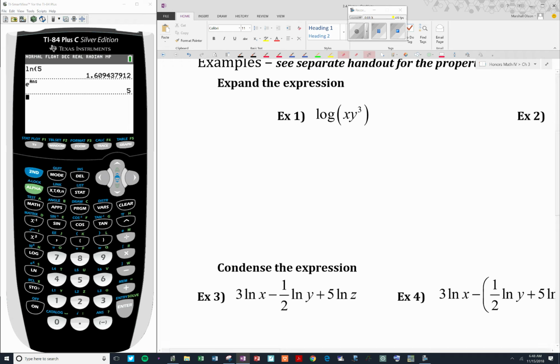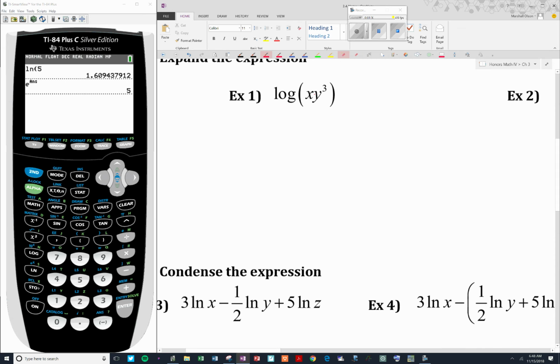All right, let's take a look at example 1. We have multiplication. We also have that exponent, but the exponent is not on both the x and the y. If that exponent were out here, we would start by bringing it down in front. But because it's only on the y, we want to take care of that multiplication first and turn that into addition between two logarithms. So we're going to have the log of x plus the log of y cubed.